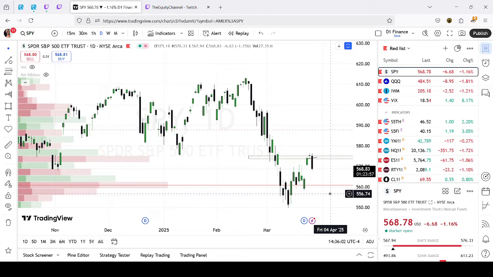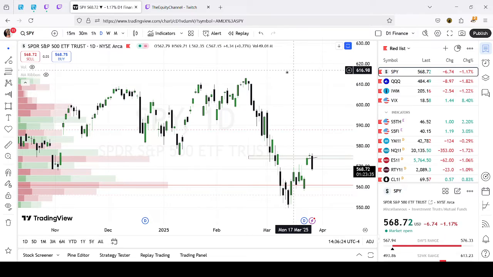Now remember, the most volume happened at the point of control. So naturally, as you go further away from the point of control in either direction, you have less volume. Naturally. For example, no volume exists above the all-time high.